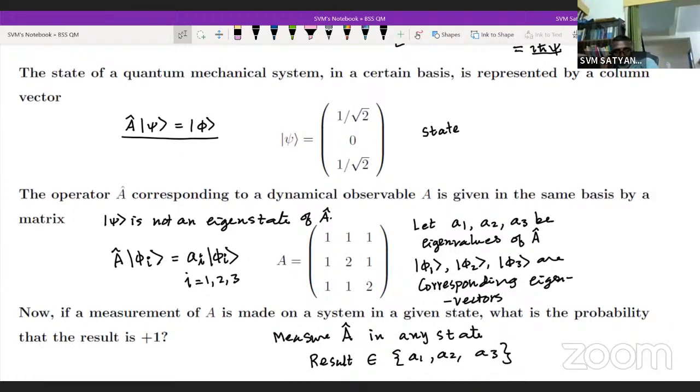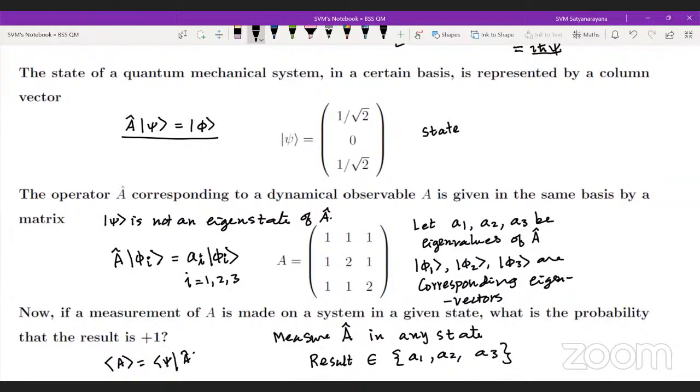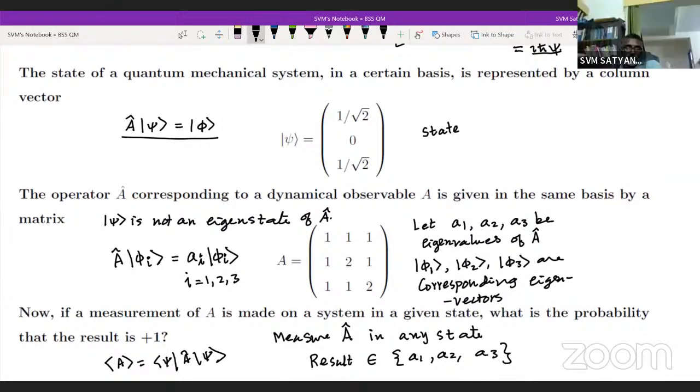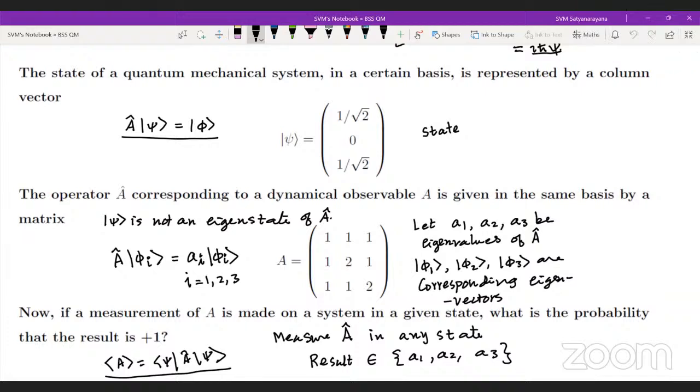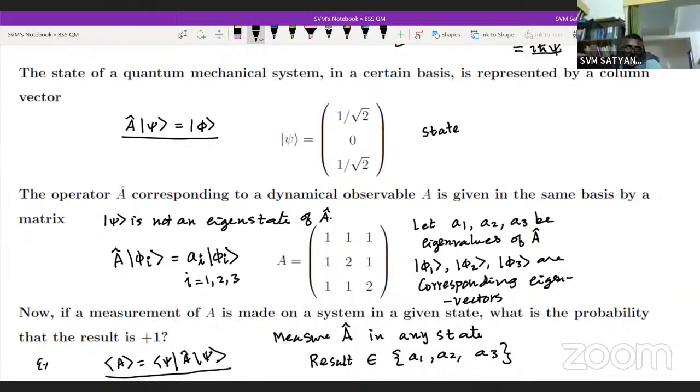To find out the value of that observable, you take the expectation value, correct? The expectation value of A is simple: you take psi A psi. For this, psi doesn't have to be an eigenstate. This can be done with any state. This is what we call the expectation value.